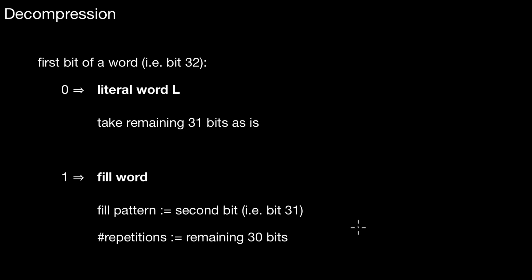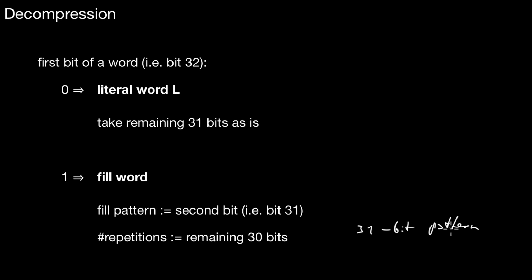How many times do I have to copy this 31-bit pattern? This pattern can either be just zeros or just ones. That is determined by this fill pattern, which is a single bit. In the example above it was a 0 at all times, but it could also be a 1. So that gives me the pattern, and this gives me the number of repetitions: how many times do I have to write this 31-bit pattern to the output?